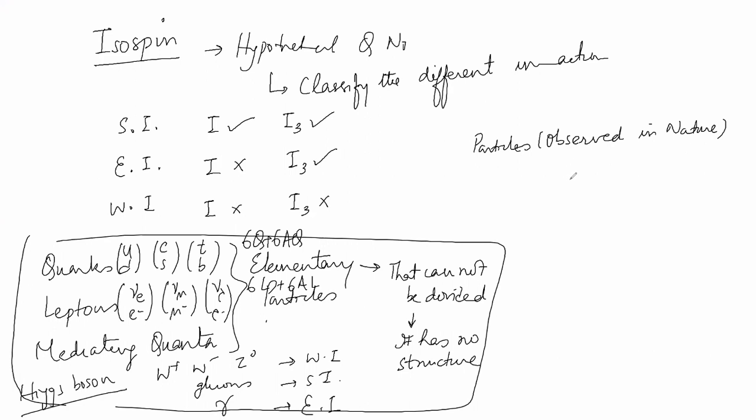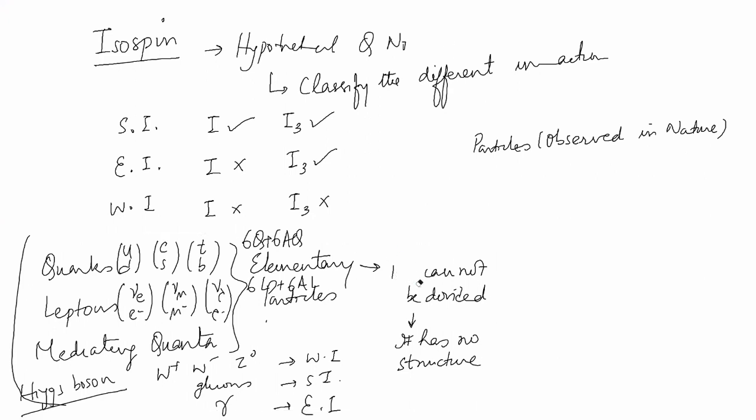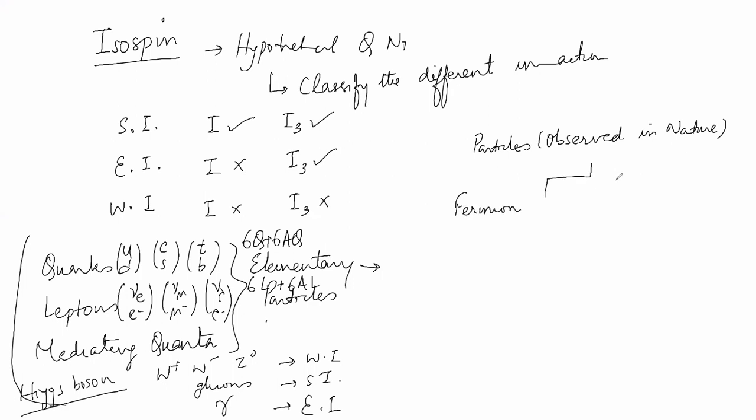Then we have particles which we observe in nature, and they are mainly classified into fermions and bosons.